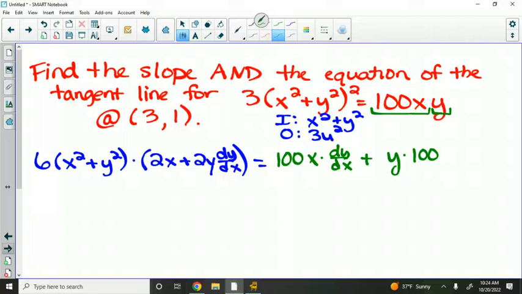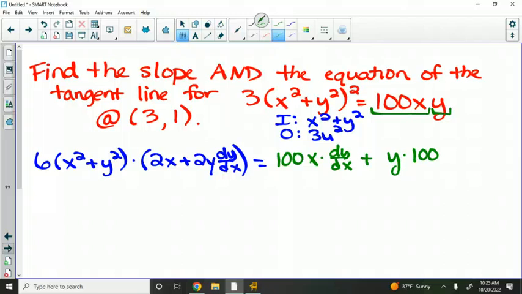Okay, now here's where it gets interesting. Do you see the dy dx on the blue side? It's like stuck. It's part of a binomial that is part of a product. So it's kind of stuck, but we have to do some simplifying before we can get it by itself. We're going to have to end up foiling to get that dy dx all by itself.